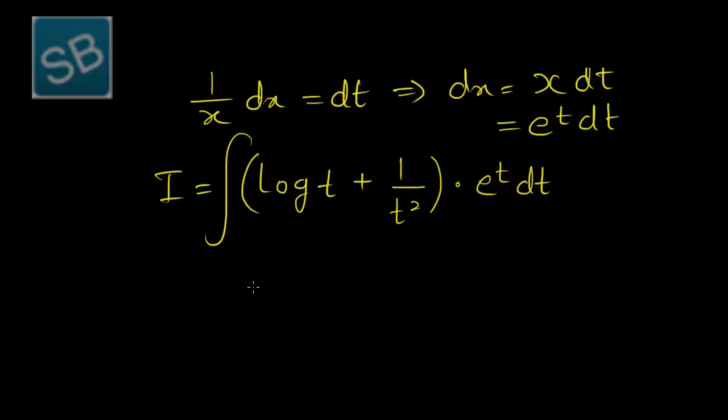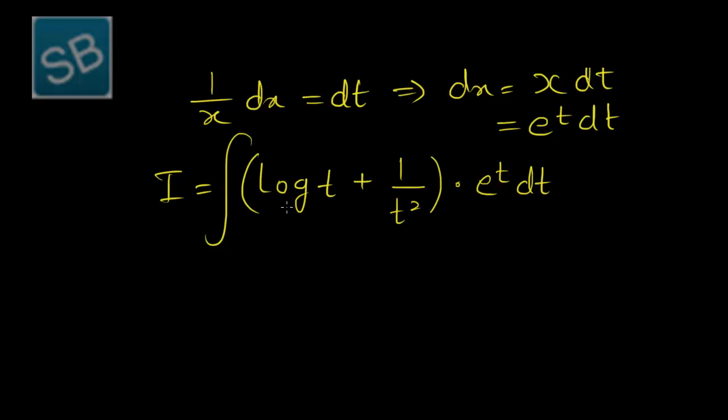Now we will convert into another form. We can solve it by two methods: by taking two integrals, log t into e^t and 1 by t square into e raised to power t, or we can convert it into the rule, integral of e raised to power x (f of x plus f dash x).